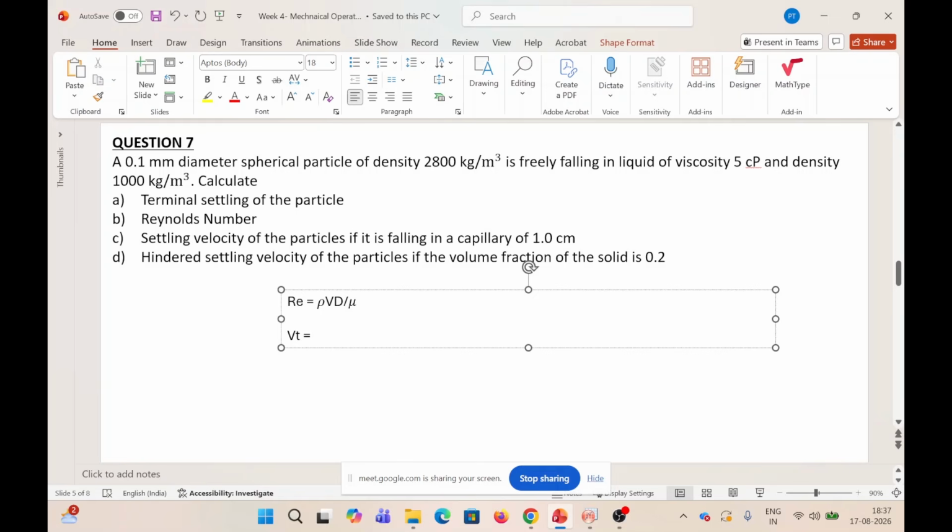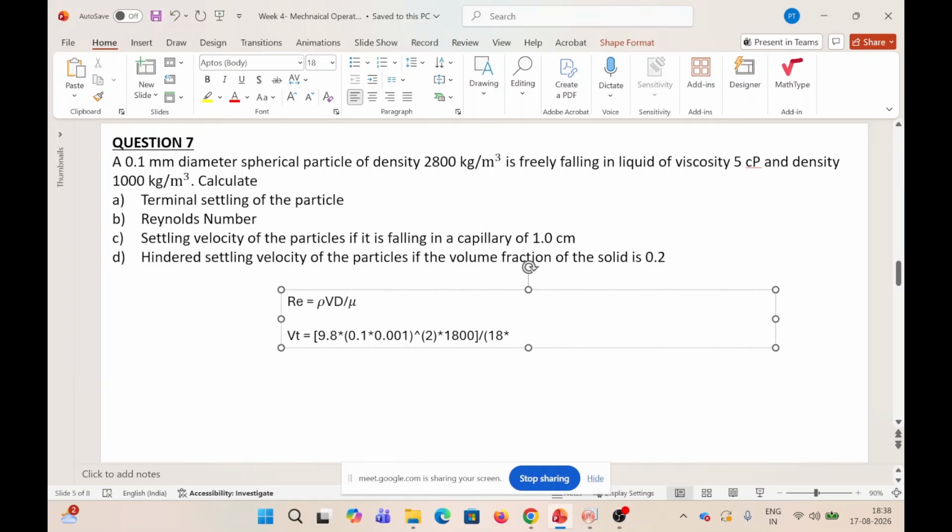Vt is going to be g, I'm going to take that as 9.8, times dp squared, so that is 0.1 mm, so we will convert that into meters, whole squared, times rho p minus rho f, so that is 1800, divided by 18 times mu.